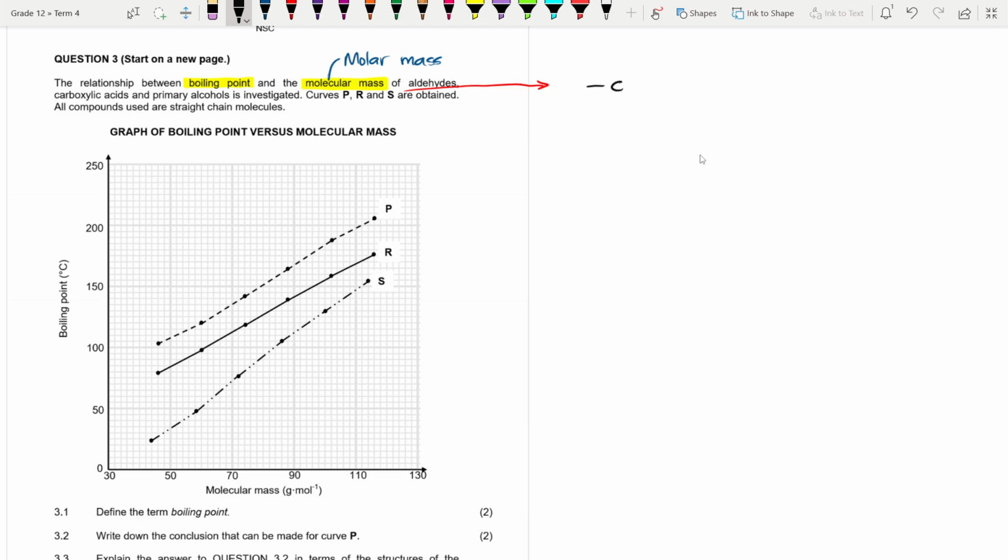I think the double bond is O. Then you have an H. C double bonded O, then an H.